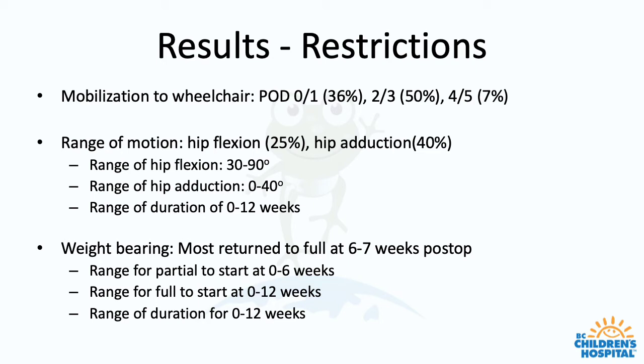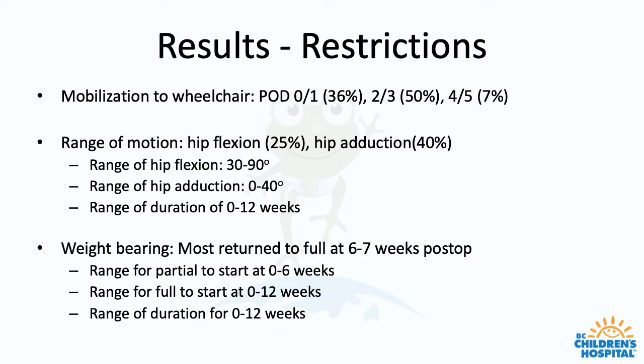The range of hip flexion that was stated would be restricted ranged from restriction to between 30 to 90 degrees. For hip adduction, this ranged from 0 to 40 degrees. The duration in which these restrictions were applied also varied, and this was a range of between weeks 0 to 12 weeks post-op.